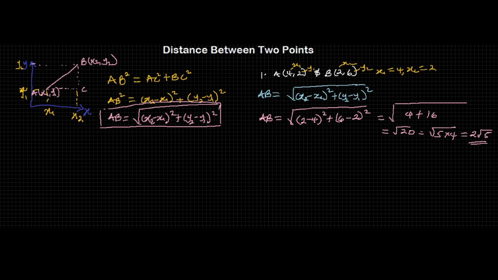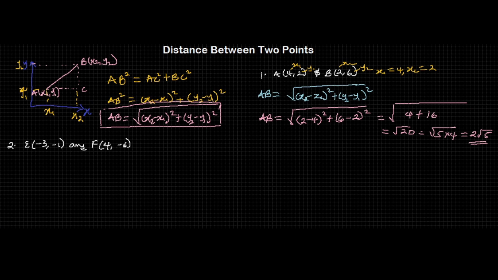So quickly let's look at the second question. We have E with coordinate (-3, -1), and we have another position F with coordinate (4, -6). So let's solve this too now.